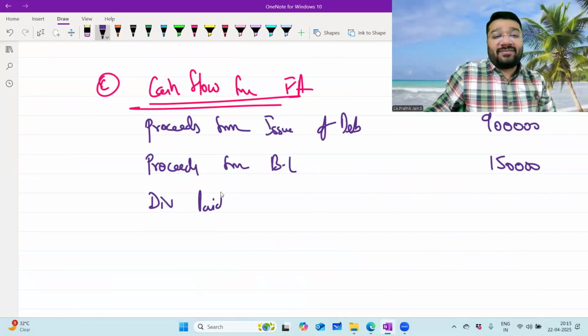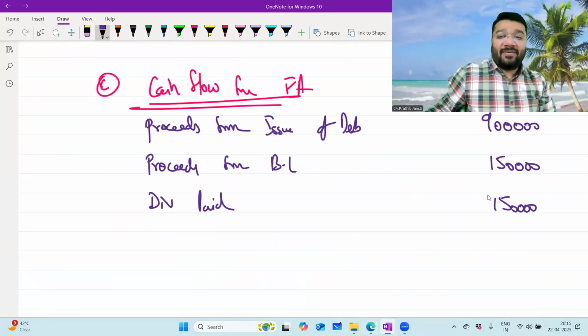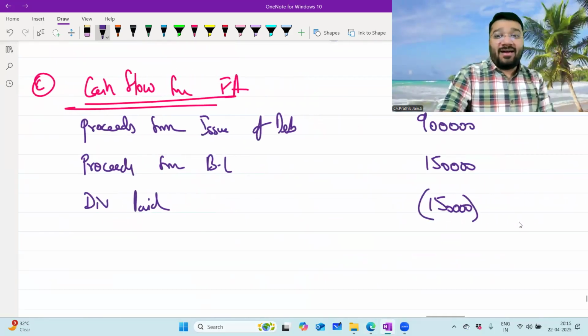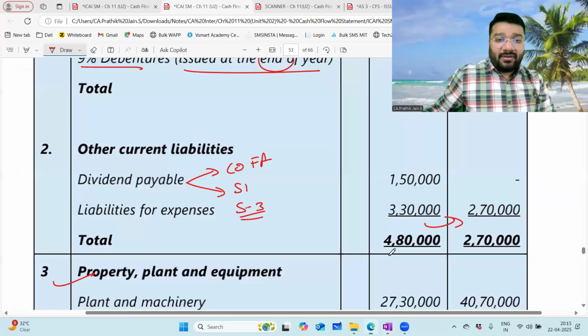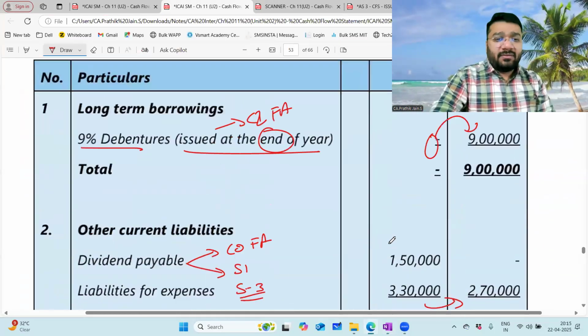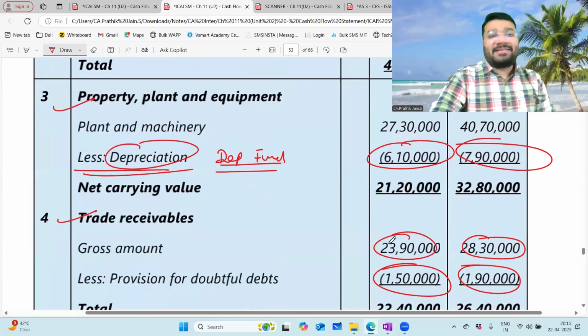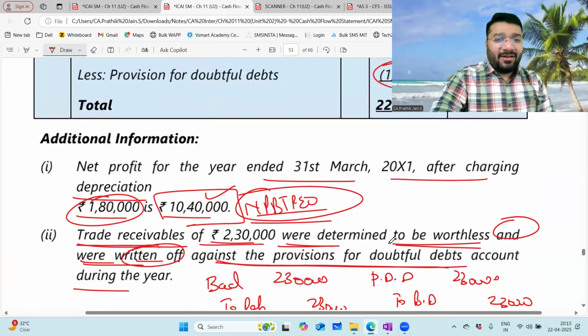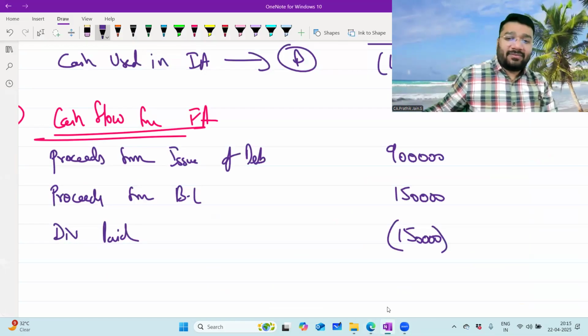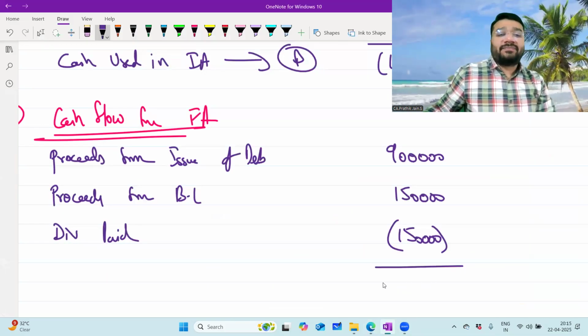Dividend paid, how much? 1,50,000. That's all? In bracket. That's all. Nothing else. Jujubi question this is. How much is it? 9 lakh.